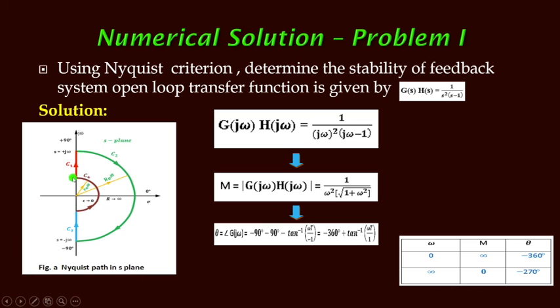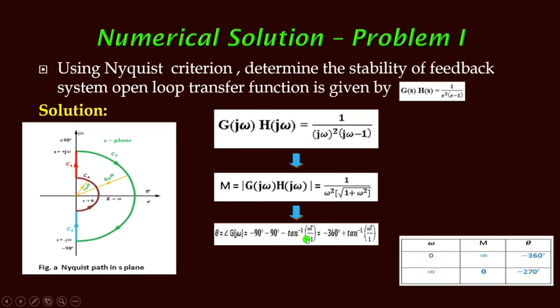For the C1 path, starting with omega equal to 0, the magnitude is infinity and the phase angle is found by putting omega equal to 0. So this is minus 360 degree.